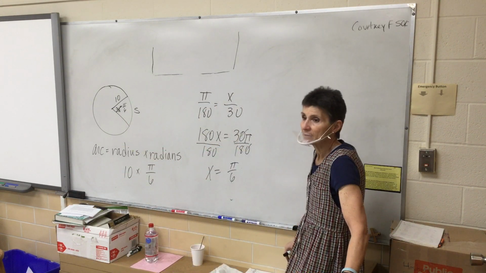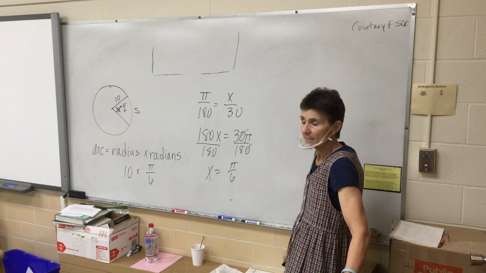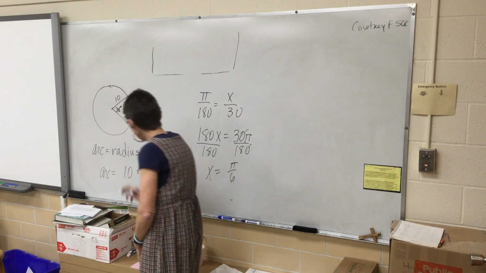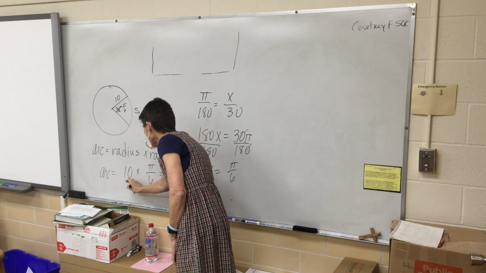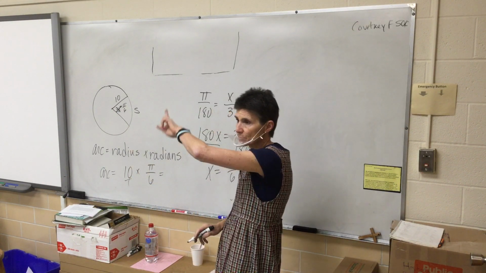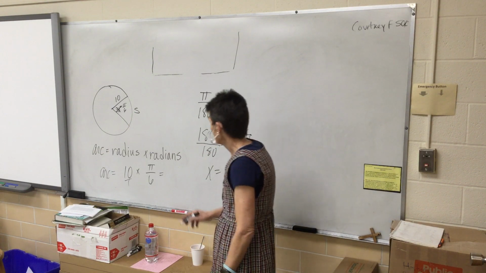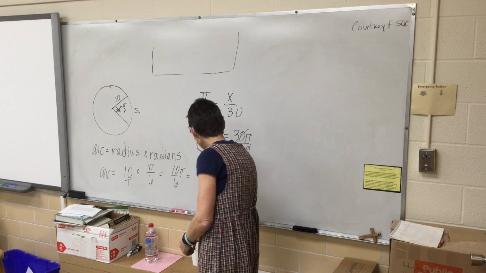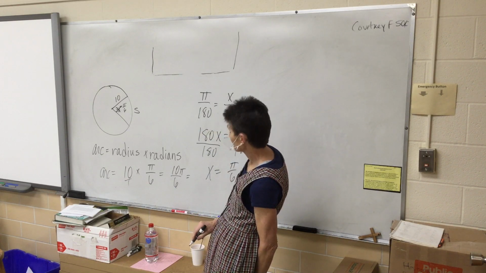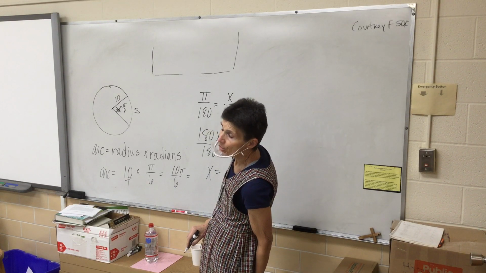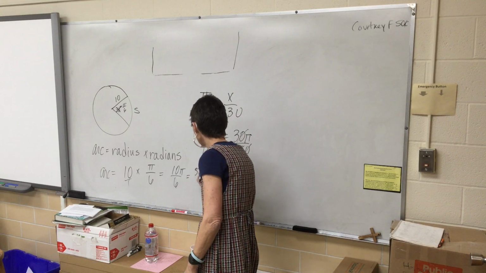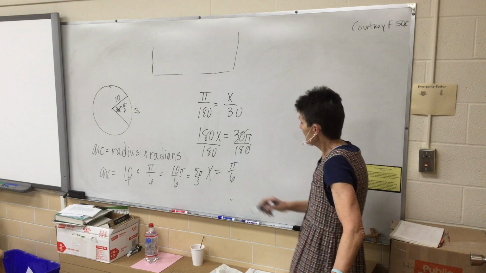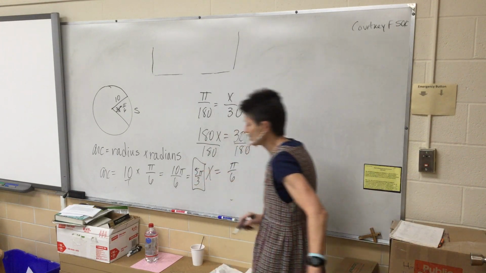And then the second step is find the arc length. So, arc length equals 10 times pi over 6. Remember when I multiply fractions, straight across? So 10 pi over 6, does that reduce at all? To 5 pi over 3, yep, 5 thirds pi. And that is the final answer to the question.